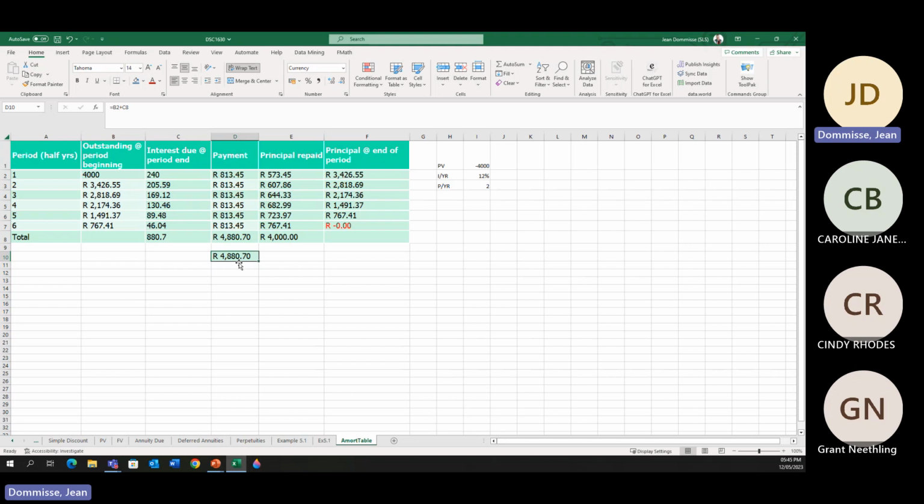So if it's a different value, let's say it was 6,000, it will automatically change. I just think this one we then need to say 6,000 as well. So you will see there it becomes similar.